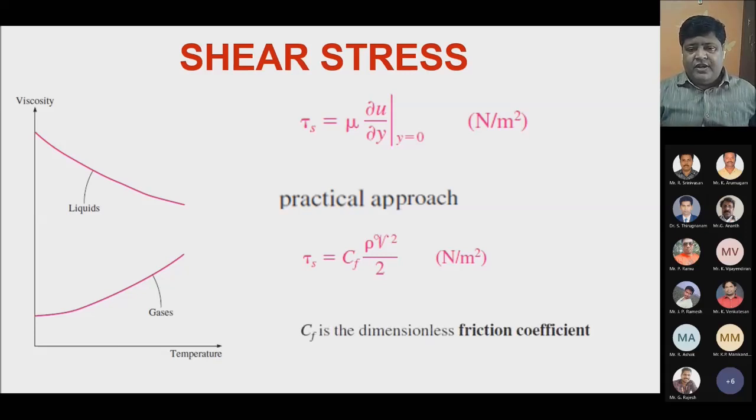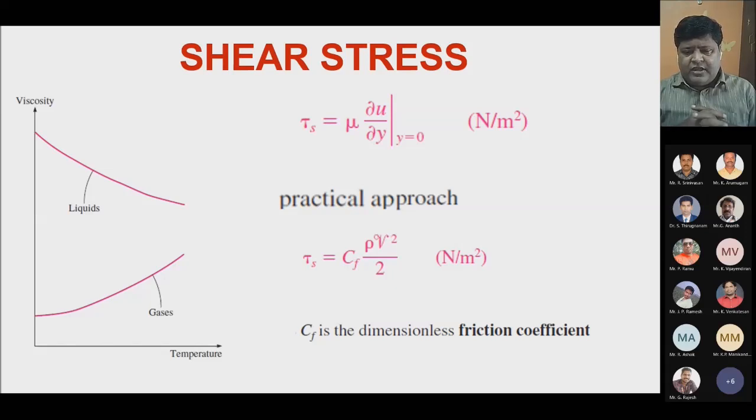That is one way of finding it. Again, for CF, a dimensionless friction factor, we have a lot of relations. For example, you have the Darcy-Weisbach equation in fluid mechanics, where the pressure drop and friction factor are related to each other.